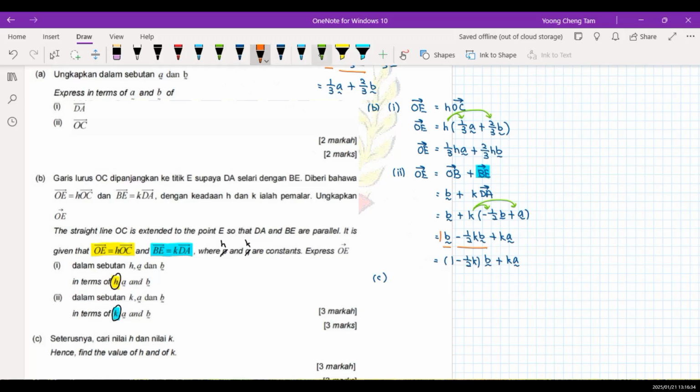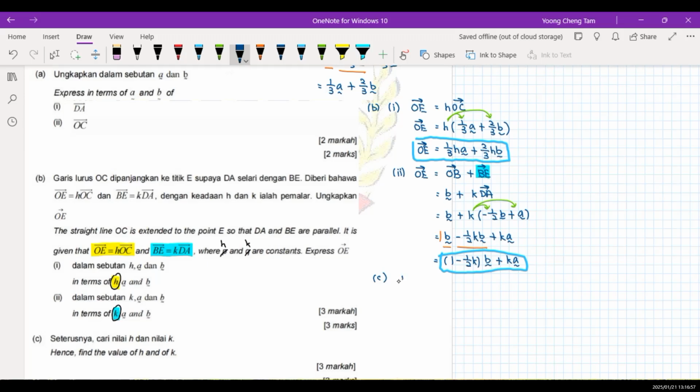Look at the vector here. We have vector OE. At the same time, this is also vector OE, right? But with different terms. The first one is term H and the second one is term K. So actually it's the same thing. Now let's combine it together.